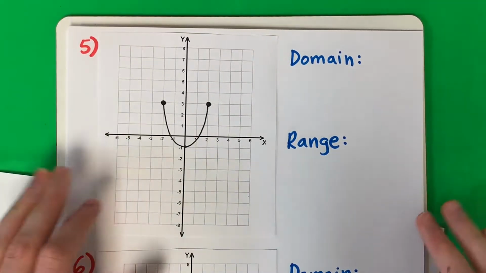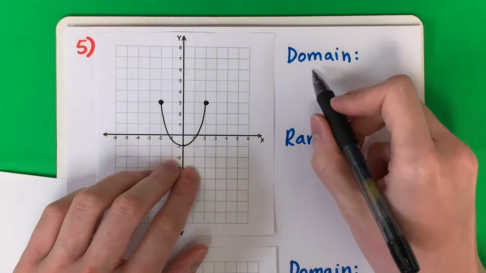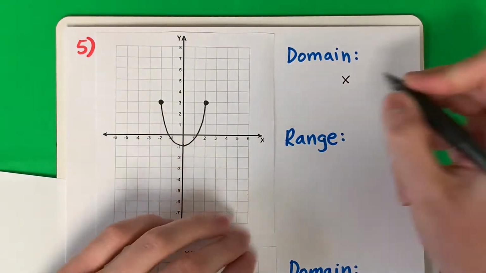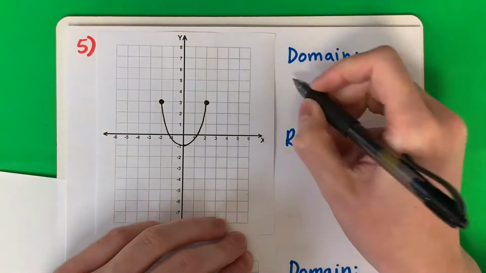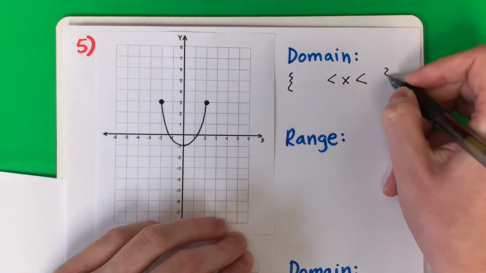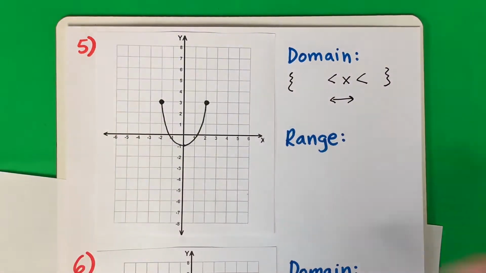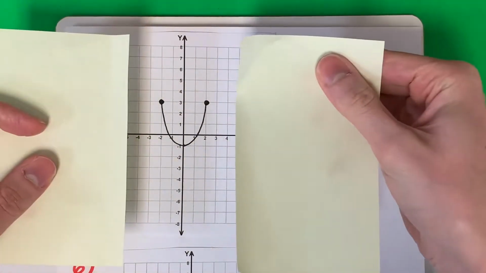Okay, so for example 5, I have a parabola. So domain is X, and remember, you always do the sign less than and less than, never greater than. You put the braces. Remember, X is left and right, so I will put one sticky on the left and one on the right.